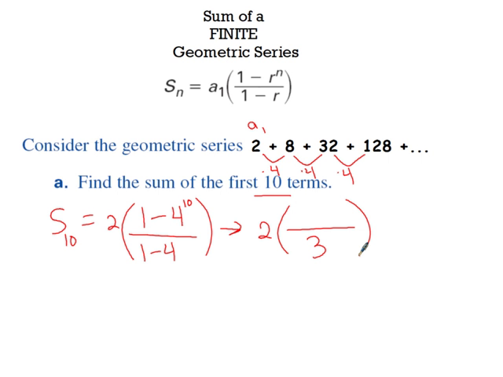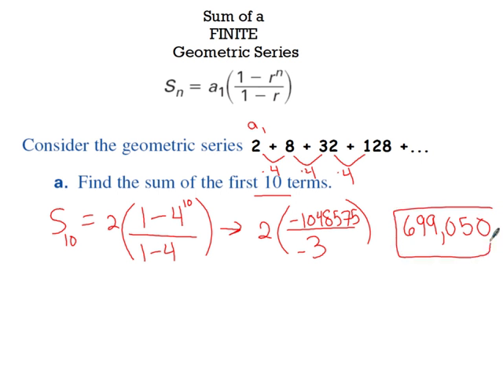So I'm going to do 1 minus that number, and that's going to give me negative 1,048,575. Now, I missed something here. The bottom should actually be negative 3. I'll divide it by negative 3. And then don't forget to multiply by the outside number, 2, and get 699,050.